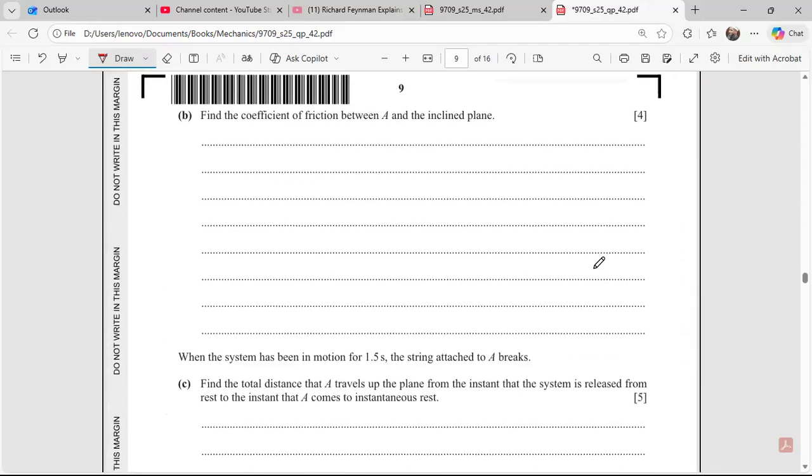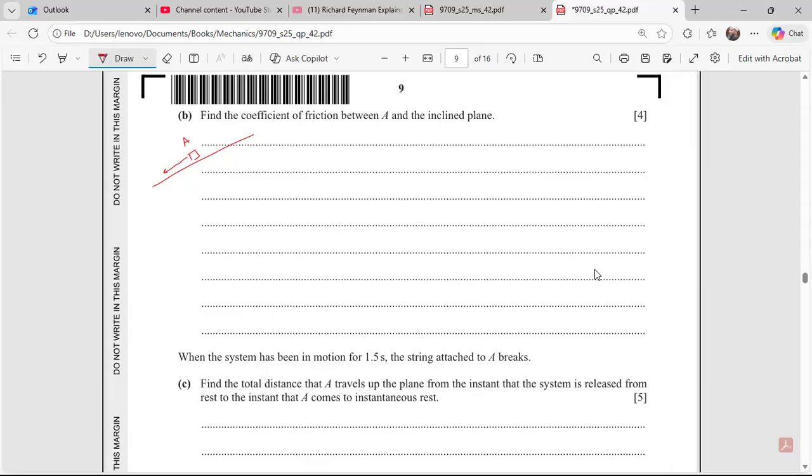Now here we will analyze the object A. It is on the inclined surface. Now it is going up. What are the forces acting on it? One force is the component of the weight which is trying to slide it down.